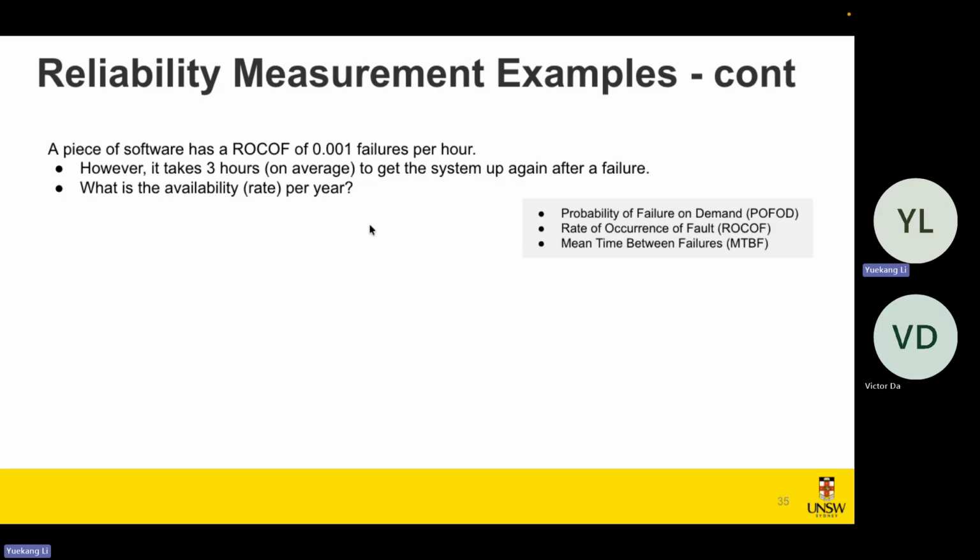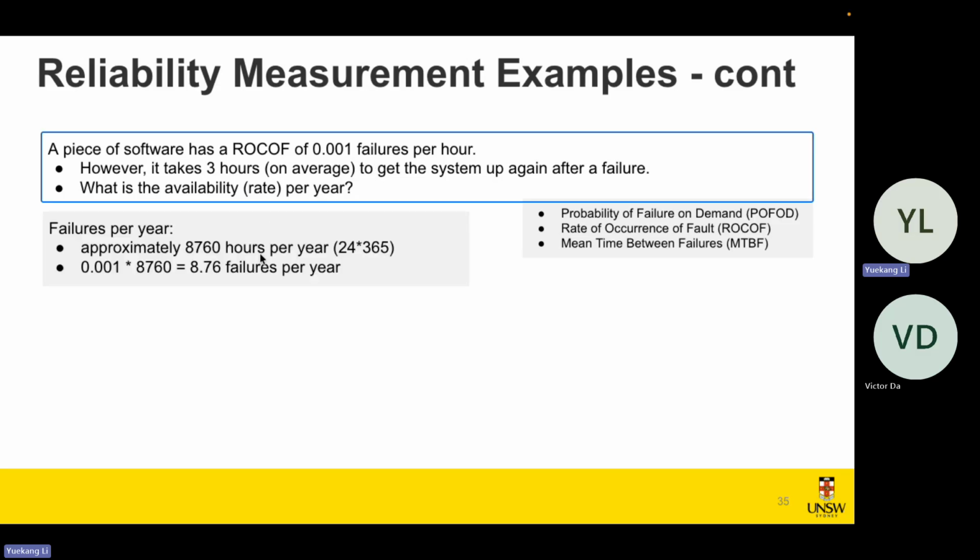So what we need to do is first calculate how many failures we have, right? So failures per year, we can calculate it like this. We have 24 hours per day, and let's assume that we have 365 days, which is not a leap year.